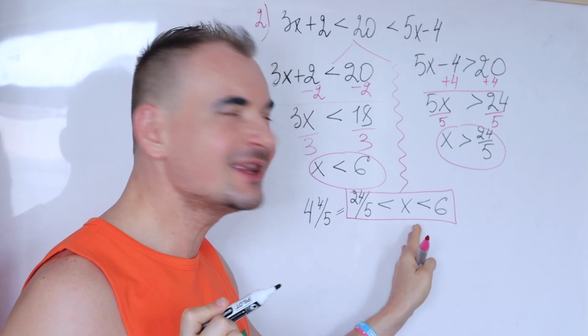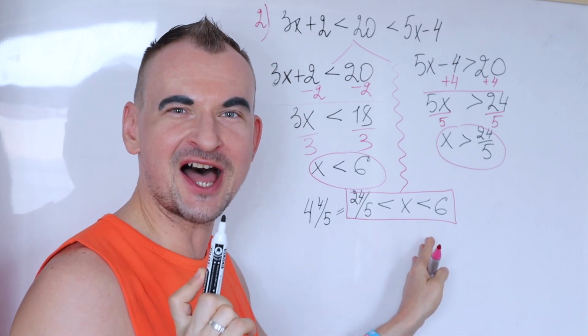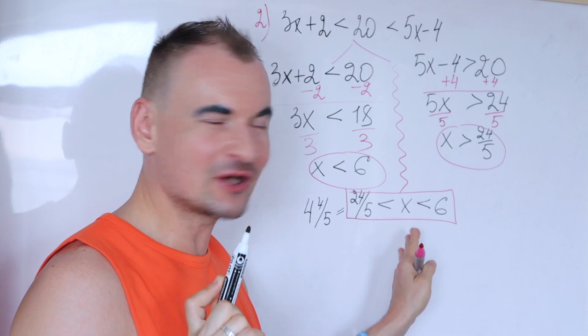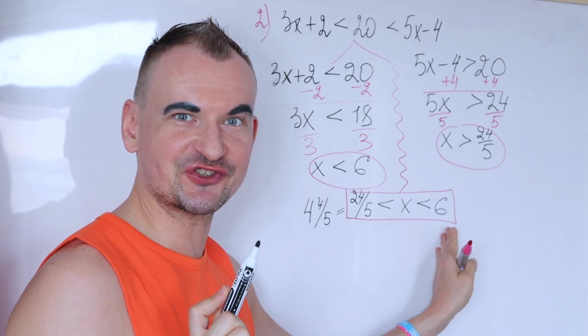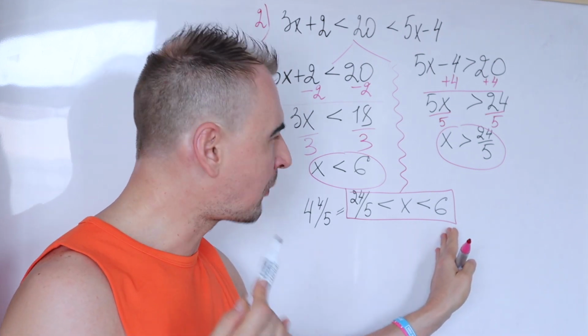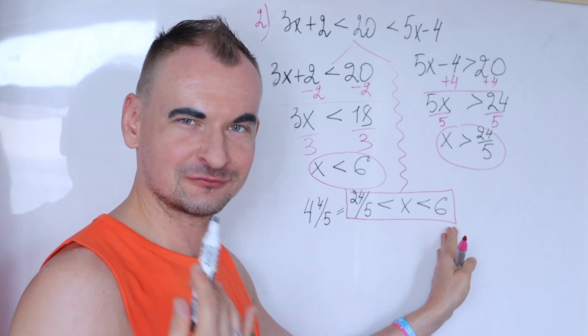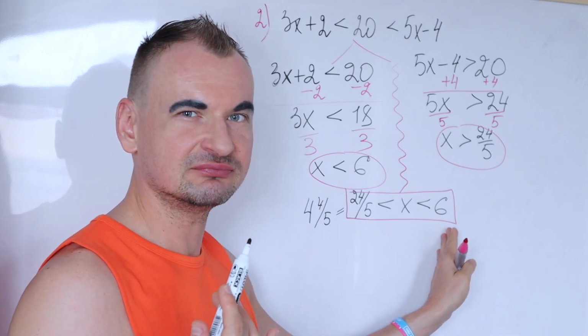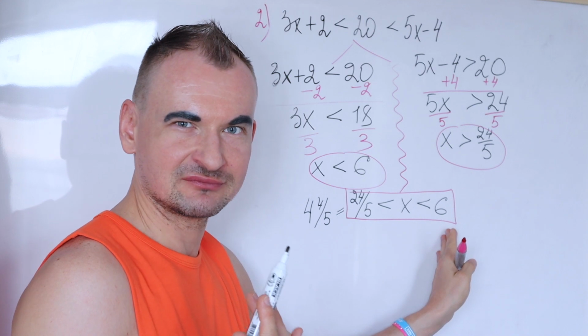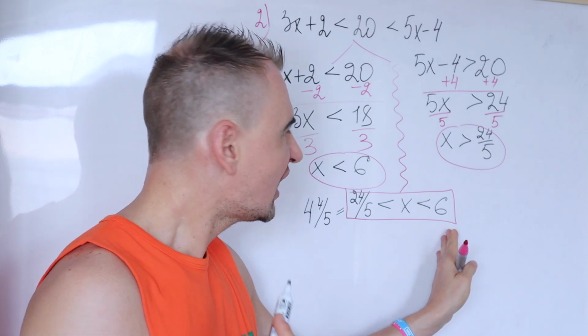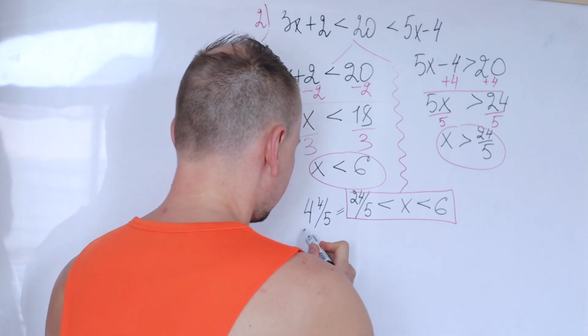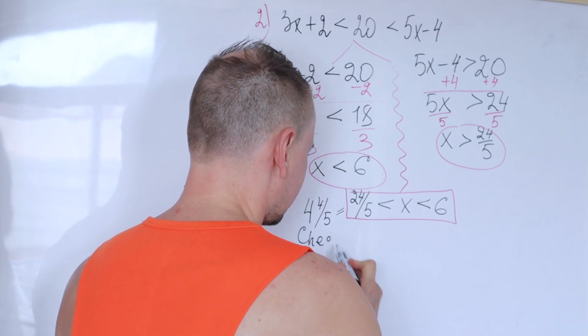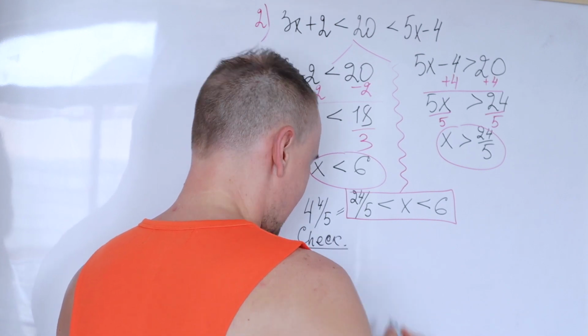But there is only one whole number that belongs to this solution set. And you could spot it easily. It's obviously 5, right? So let's pick this 5.